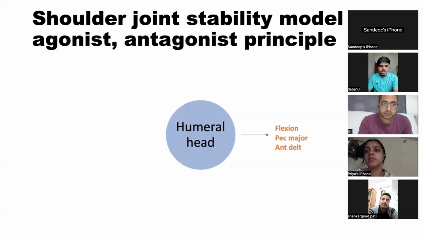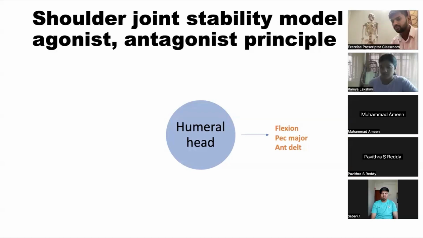Anterior deltoid and pec major are the main contributors of flexion. But just think, you want to flex the shoulder. Think about osteoarthrokinematics.